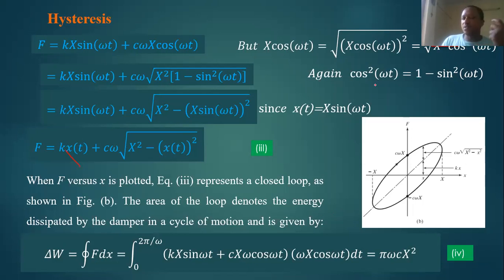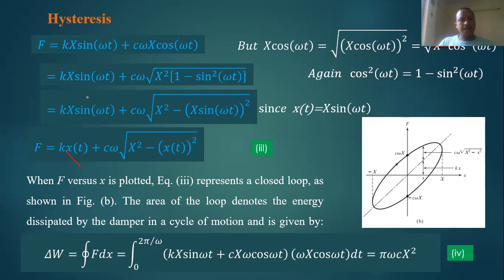As we know from the trigonometric identities, we have cos square omega t is equal to 1 minus sine square omega t. So let's substitute this term in the place of cos square omega t.